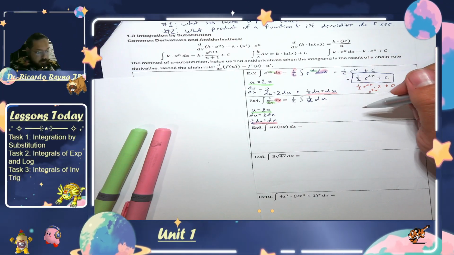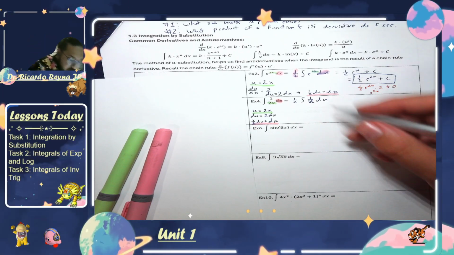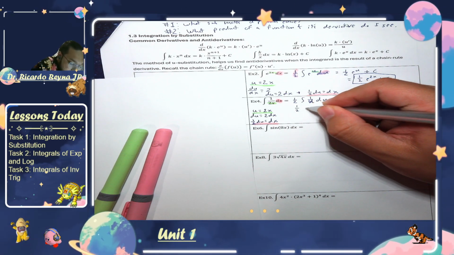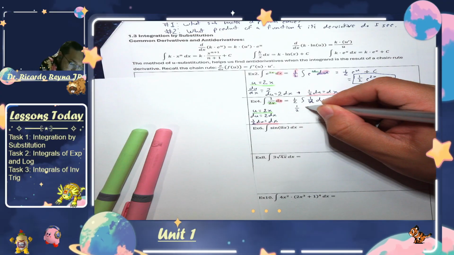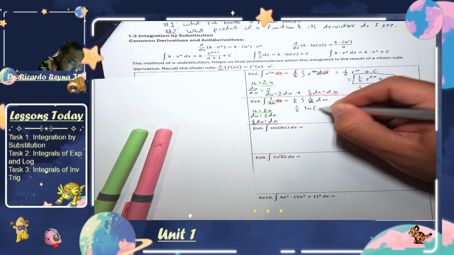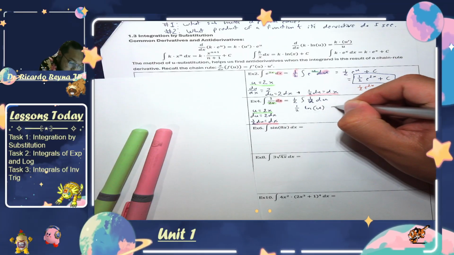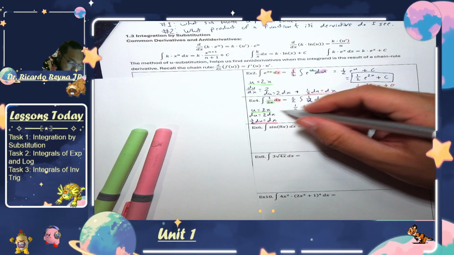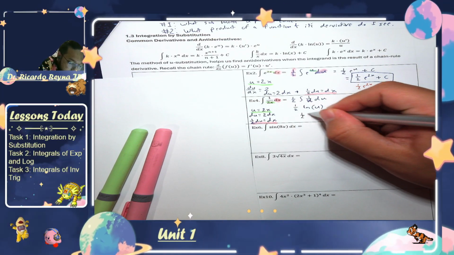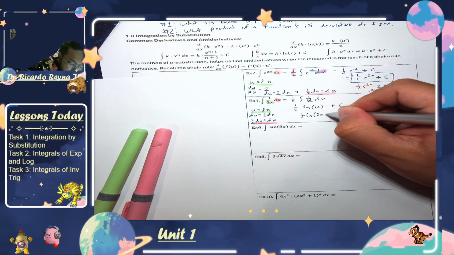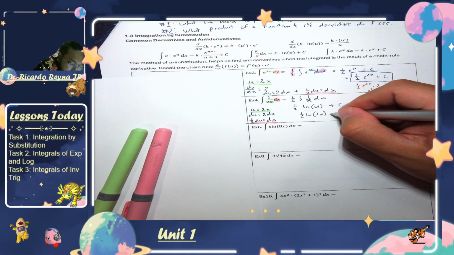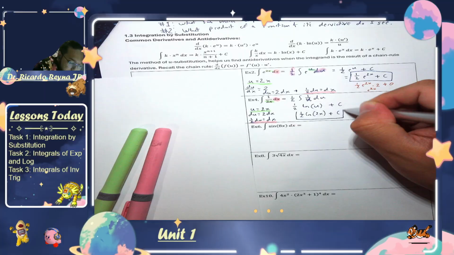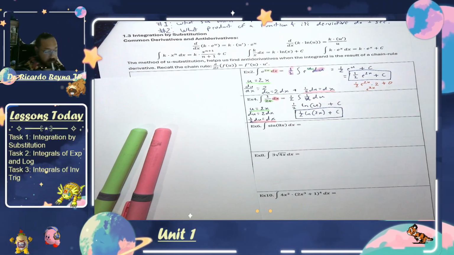So then from here, we can rewrite that to be 1/2 ln of u, then plus c. And then we replace u with 2x, because that's what we had initially. And that would be our final answer.